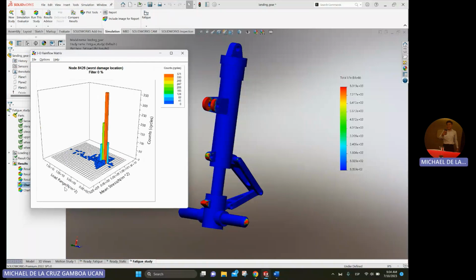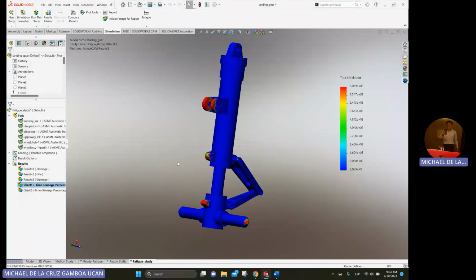We can see load range and mean stress and the cycles. We can analyze this graph. It's part of the piece. Okay.